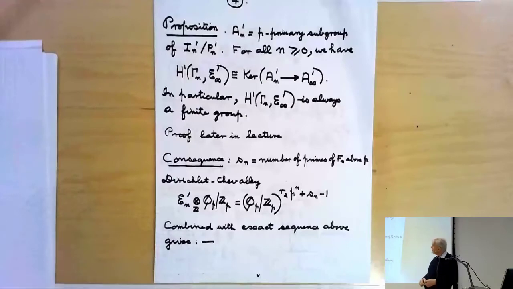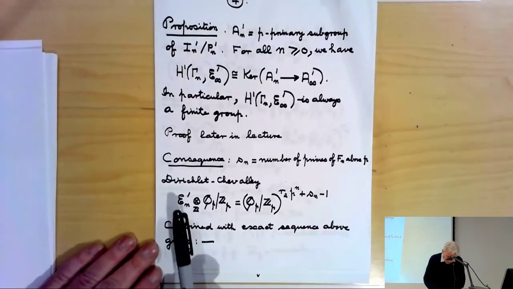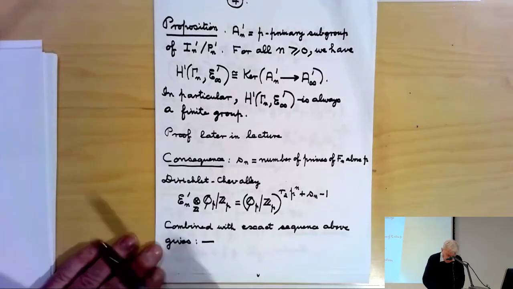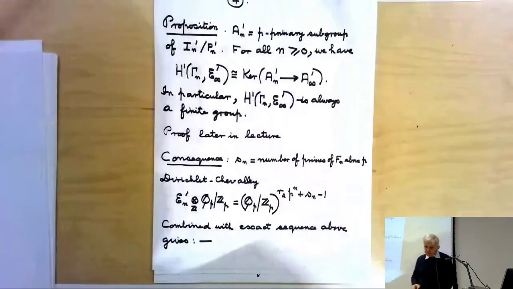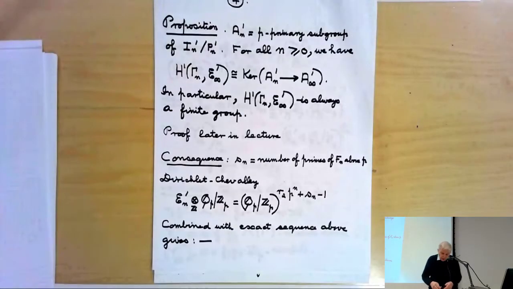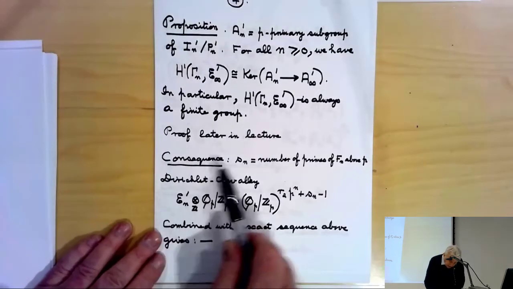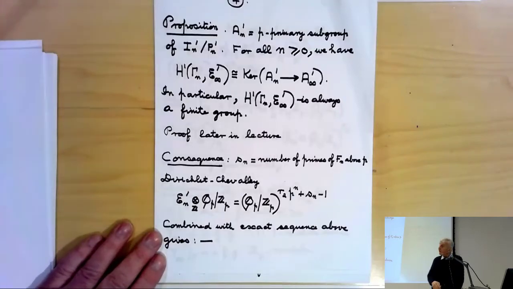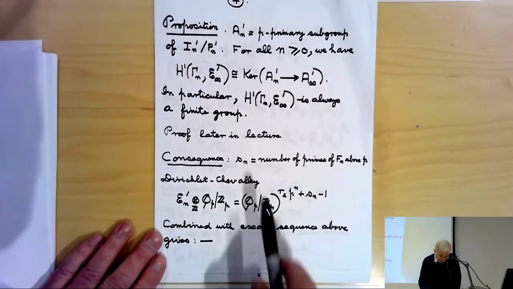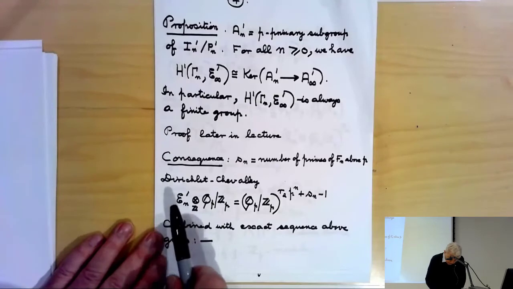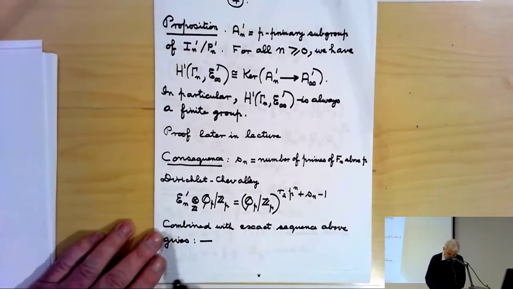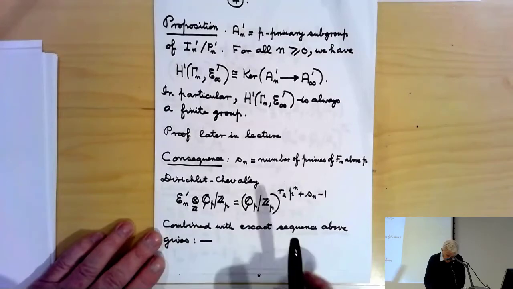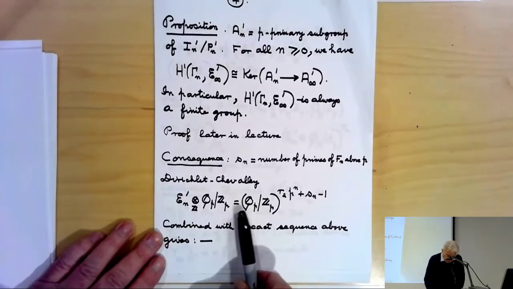So now let's just assume that theorem, and let's now go on and discuss the consequences of this fundamental exact sequence here of Iwasawa's. So as I remarked before, let me write now Sn for the number of primes of Fn above P, and En prime tensor Qp mod Zp by the theorem of Dirichlet and Chevalley.